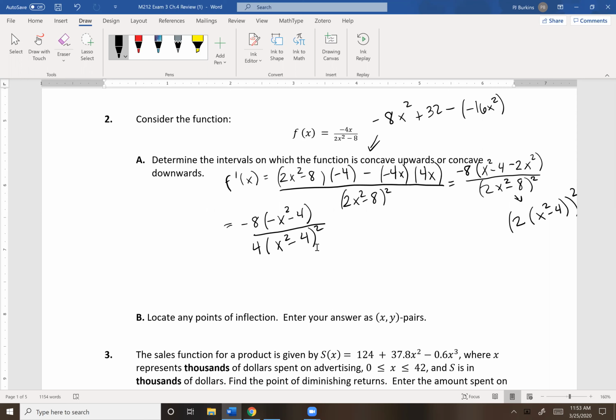Yep. Okay. So now if I simplify that, this is a plus. So total I get, looks like maybe I had my sign wrong. Let's see. 8x squared plus 32.